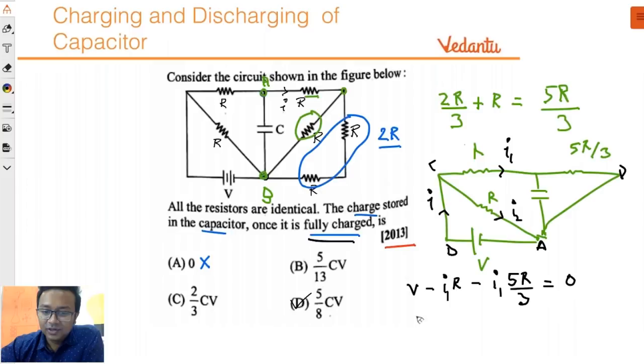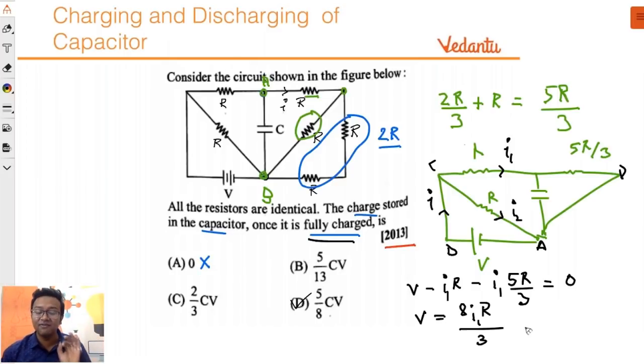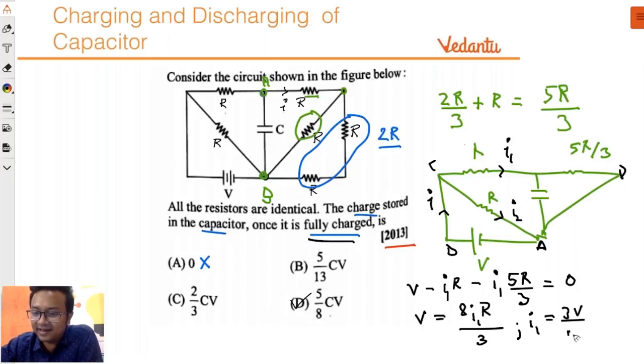What will I get here? I'll get 8 I1 R upon 3. Is this clear to everyone, students? Very simple so far. Then, what do I observe? That my I1 is equal to 3V upon 8R.